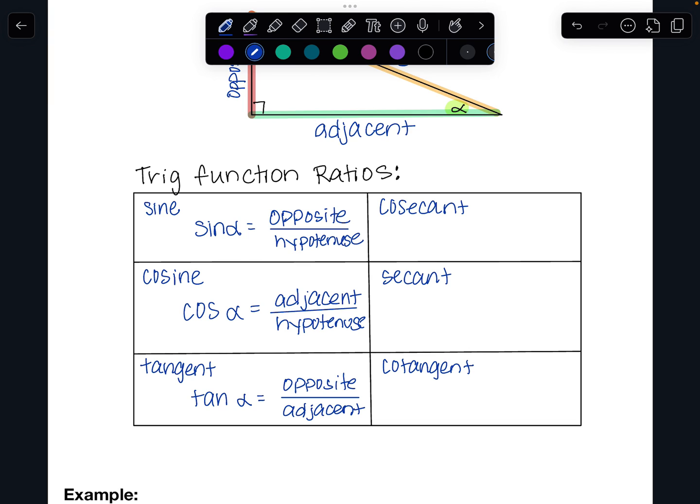Now the cosecant, secant, and cotangent are just the reciprocal of sine, cosine, and tangent. So the cosecant is going to be hypotenuse over opposite.